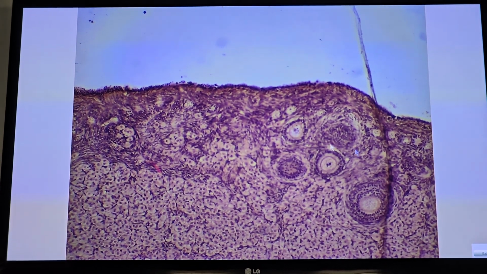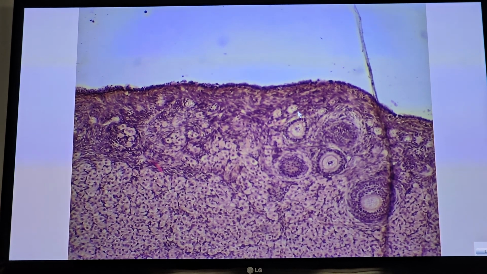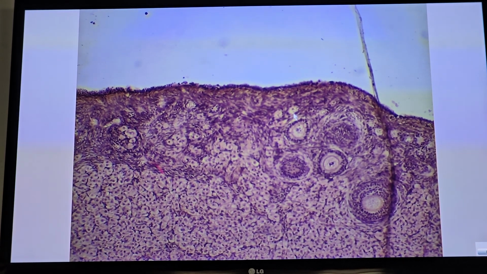These are ovarian follicles. The follicles that are formed during fetal life are called primordial follicles.